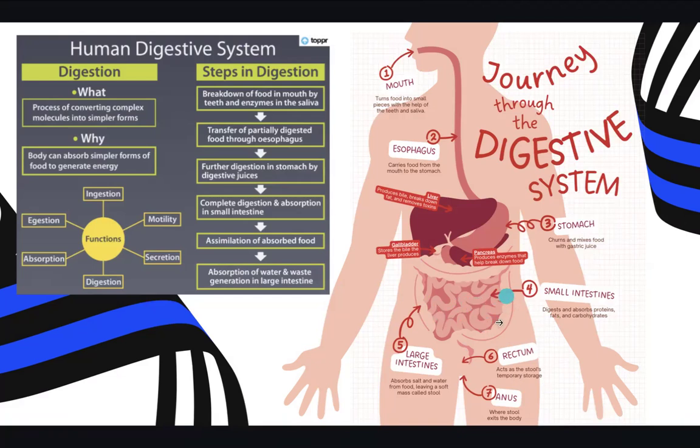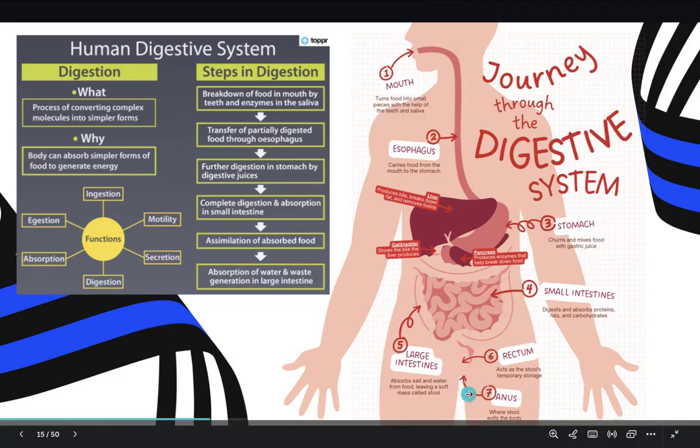Now, most of the undigested materials will proceed to the large intestine for further absorption of water and then production of vitamin K. So as they travel, they harden and then proceed to the rectum, which would serve as a temporary storage of undigested food prior to it moving out of the body.